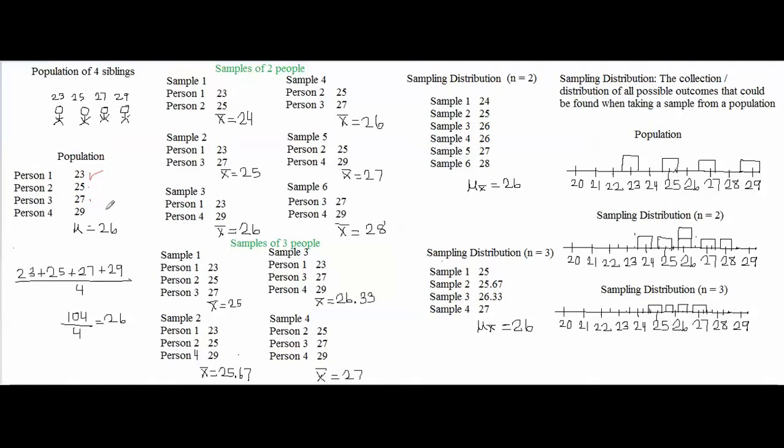The mean of the population and the mean of all of the sampling distributions come out to the same number. They all come out to 26.